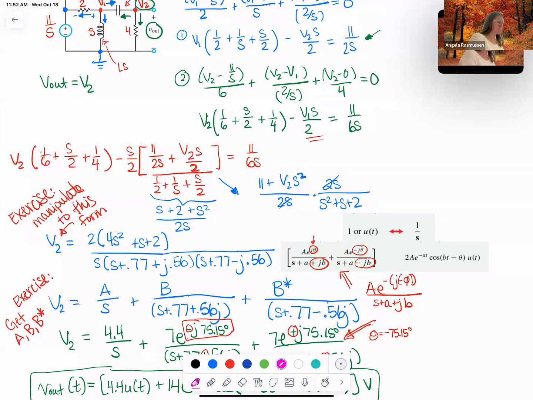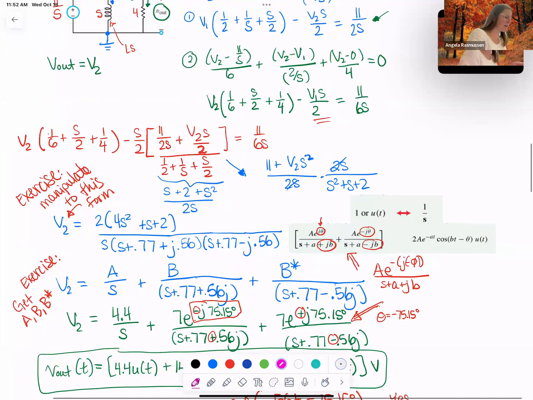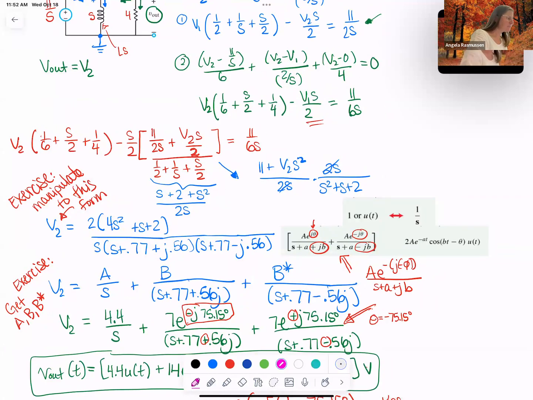Sorry, just trying to remember what I did. S over 2, and then I plugged in V1. Okay, I see what I did. So then making a common denominator here is 12.